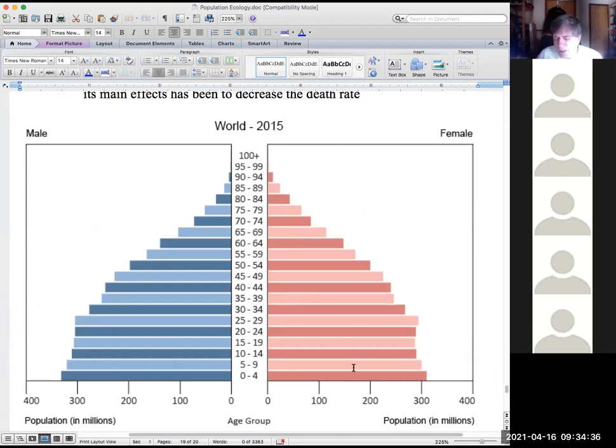Notice that if you think about the pre-reproductive years, remember that the reproductive years are considered to start at age 15. So if we look at 10 to 14, the last age bracket before the reproductive years, and if we look at 40 to 44, the last year in the reproductive years, notice that we are going to have, for several years to come, more people moving into the reproductive years than are leaving the reproductive years.